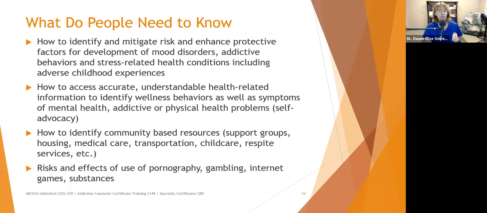We want to help people learn how to identify community-based resources. And as I said earlier, a great place to start is United Way Information and Referral, because they often have a really comprehensive database. But also going to their local churches.